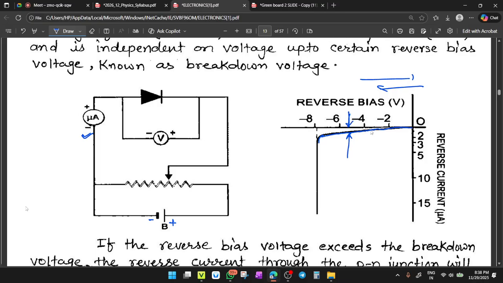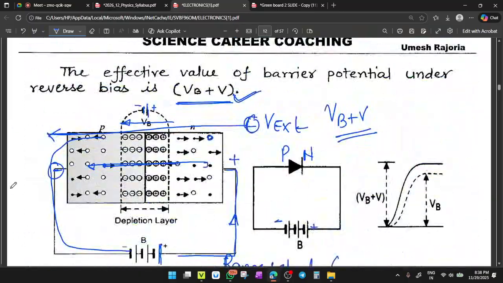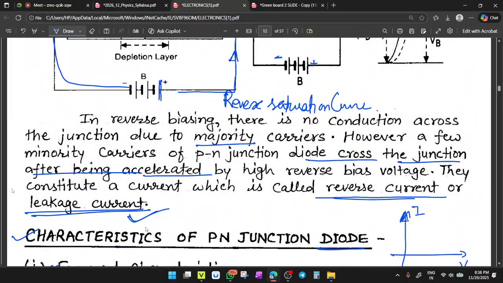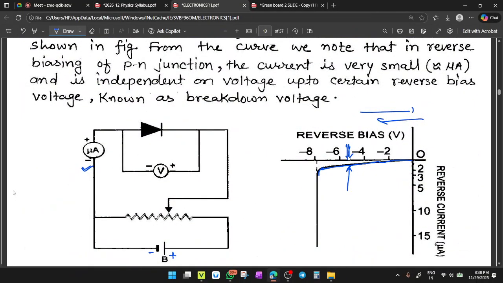That current is called reverse saturation current, or reverse current or leakage current. So this amount of current is flowing here. You can check, this is the amount of current. This is called leakage current. Clear?